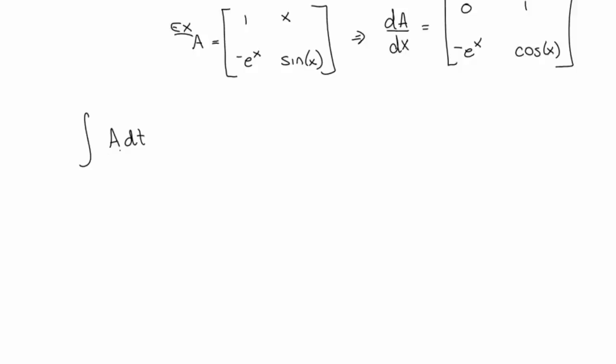So usually when you're integrating a matrix, it's over a definite interval, so from x naught to some x value. Okay. And if that's the case, you just integrate each element over that same interval. So dt is what I'm using, so I'll use that.